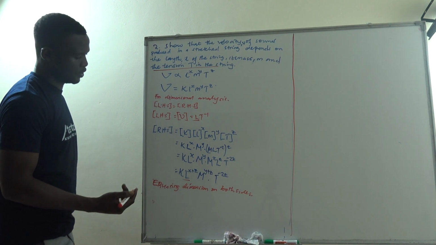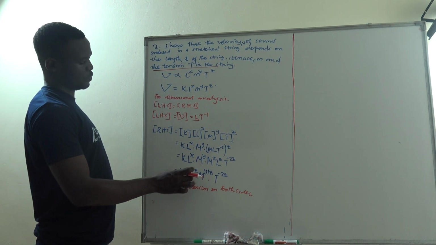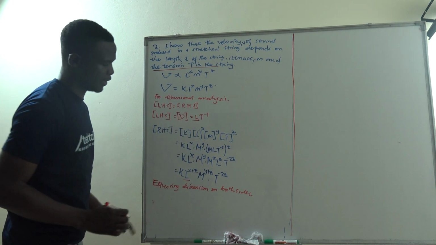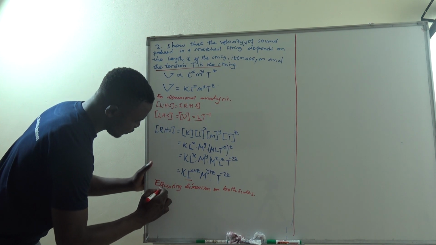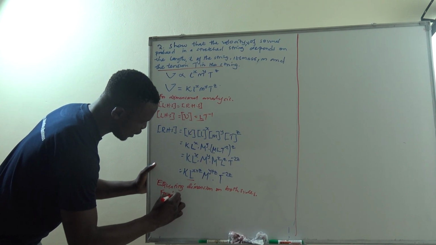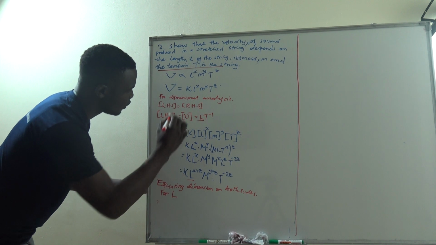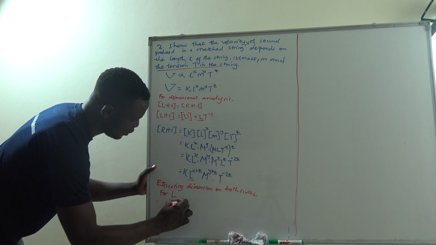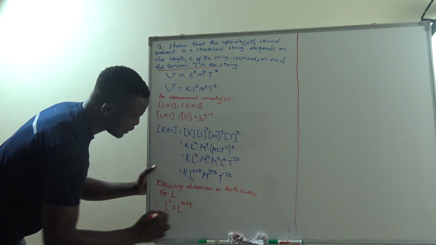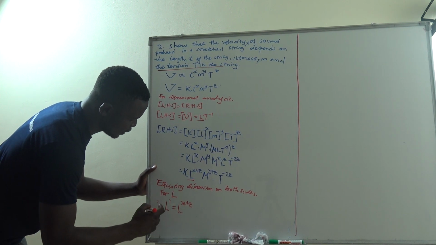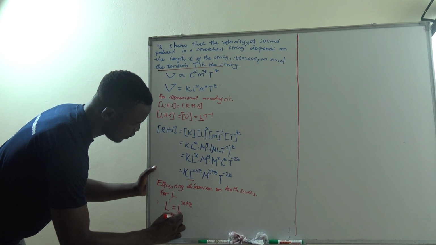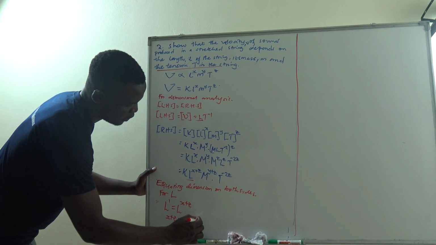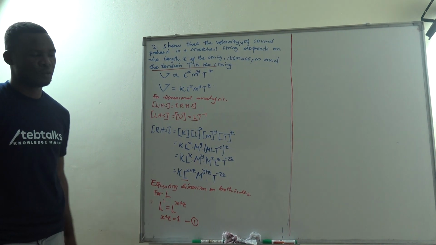So for dimensional consistency, the power of this quantity should be equal to the power on the other side. So for L, we realize that L power 1 should be equal to L power x plus z. So when the bases are the same, we equate the powers. Therefore, x plus z is equal to 1. So this can be our equation 1.